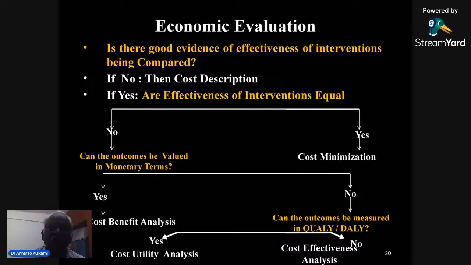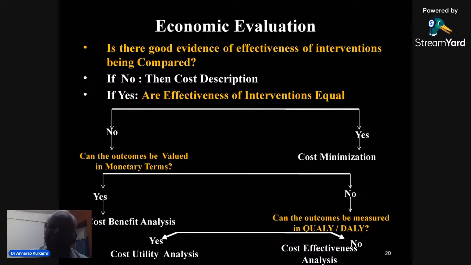We do not know, there is no evidence of the effectiveness. Then we will only consider the cost. So in that case, if the answer to this question is no, then whatever we do is called cost description. If the answer is yes, then we ask the next question: is the effectiveness of the interventions equal?